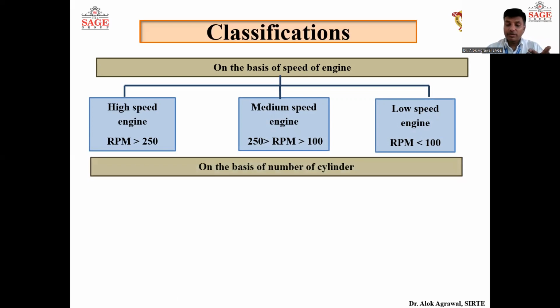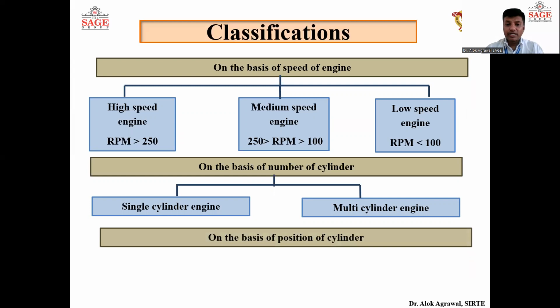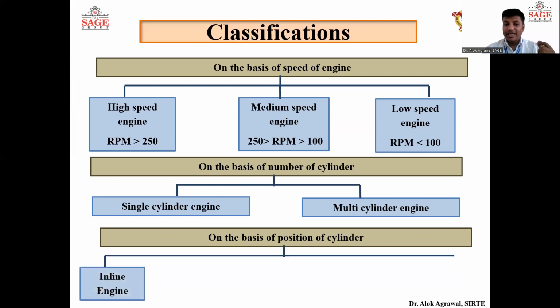Again, on the basis of number of cylinders. It can be a single cylinder engine or a multi-cylinder engine. If the engine consists of one piston cylinder arrangement, it is called a single cylinder engine, and if it comprises multiple cylinder and piston arrangements, it is called multi-cylinder. Finally, on the basis of position of cylinder, it can be an inline engine.